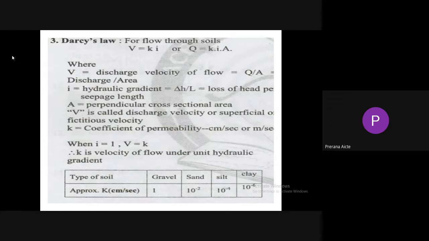For gravel, permeability is 1. For sandy soils, some value into 10 power minus 2 centimeter per second. For silty soils, some value into 10 power minus 4 centimeter per second. For clay soils, the permeability value will be 10 power minus 6 centimeter per second.